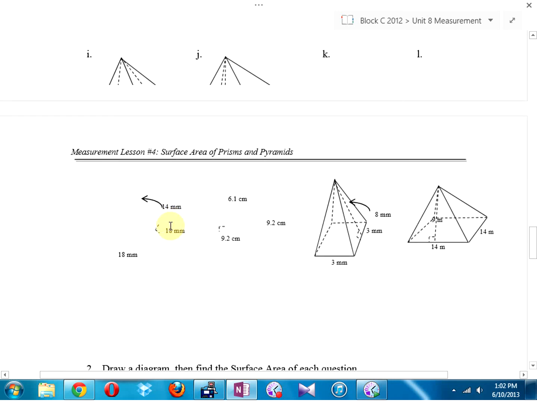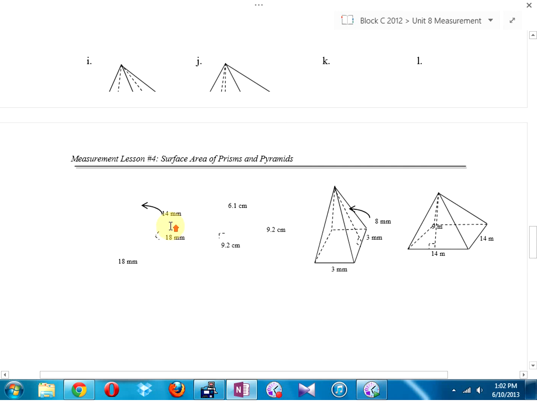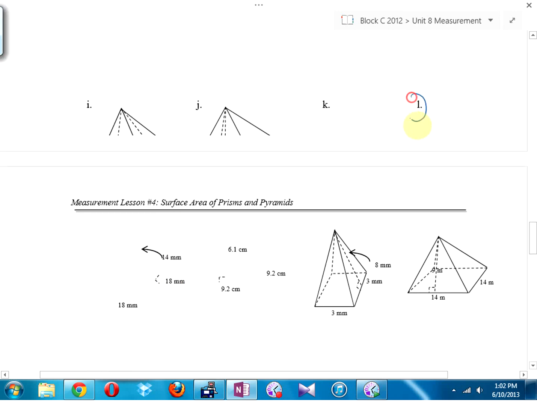This got reformatted strangely. I think you can do L, because it looks like you have everything there that you need. It's 14 by 14, and the slant length is 9. On the next page, look up. This is L right here. So this one.